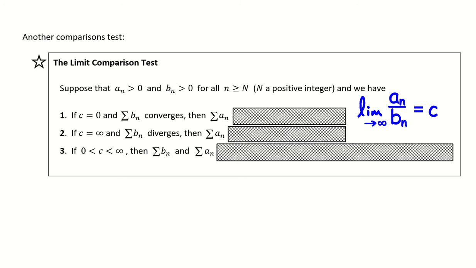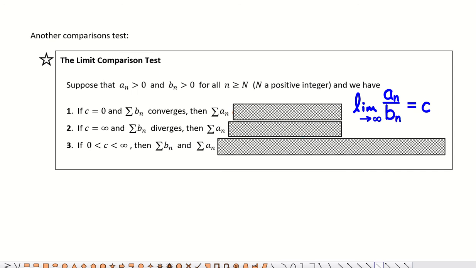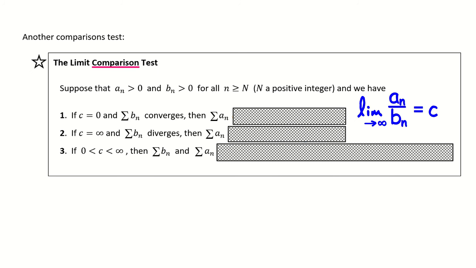Anyway, let's move on. The next one is the limit comparison test. Emphasis on the word comparison. It's another comparison test.